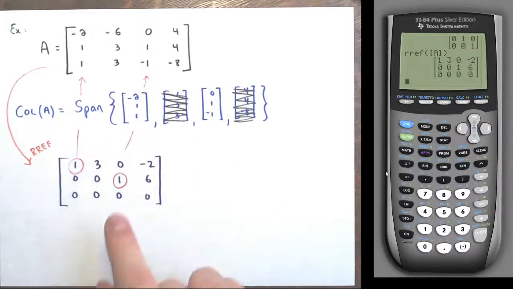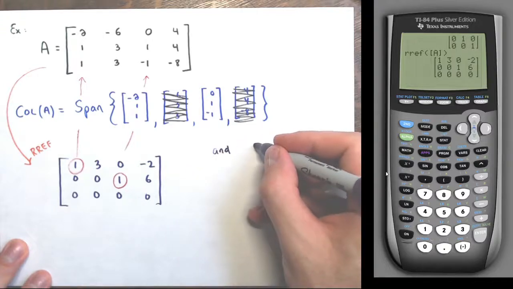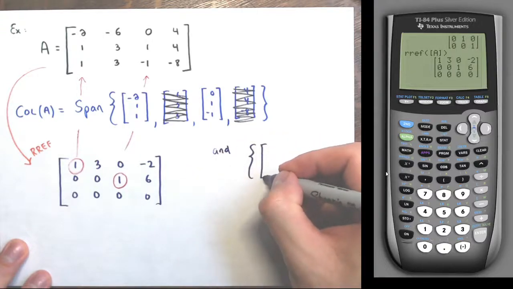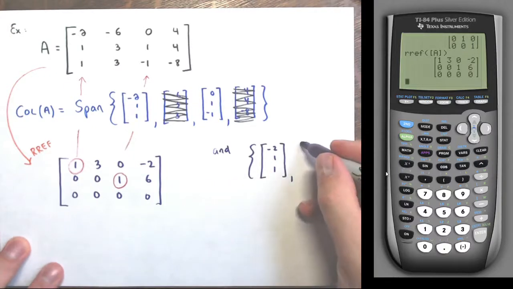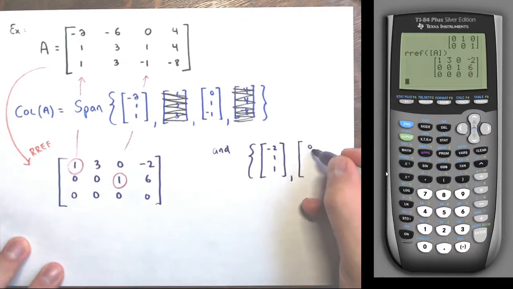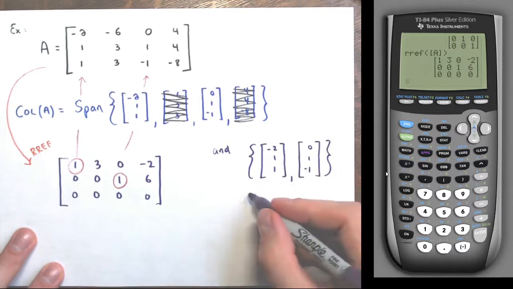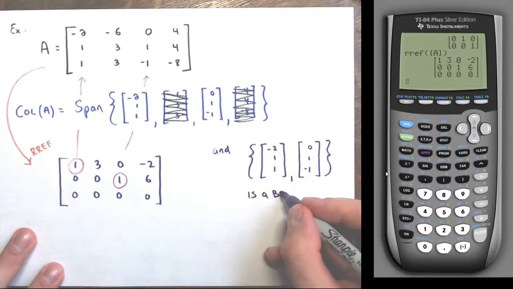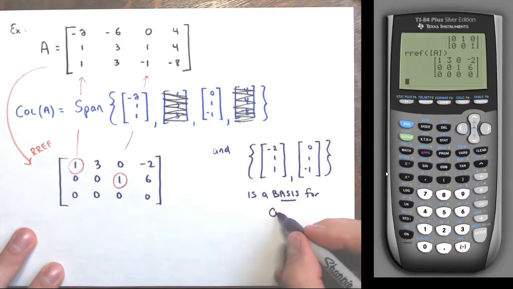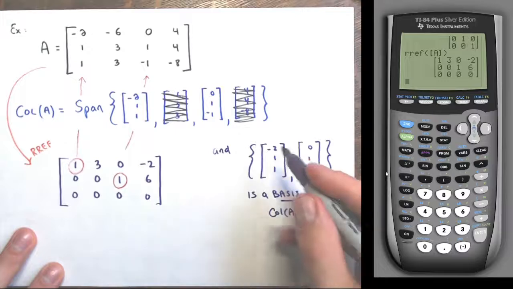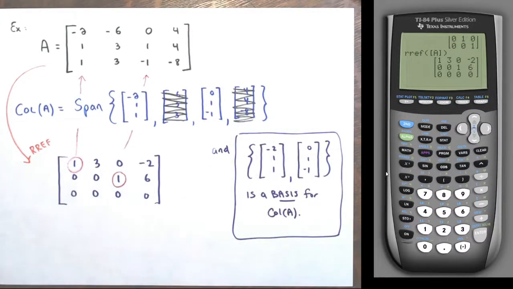And the set with just those two vectors in it, negative 2, 1, 1, and 0, 1, negative 1, is a basis for the column space, or the building blocks for the column space. Very quick and easy once you have your matrix in reduced echelon form.